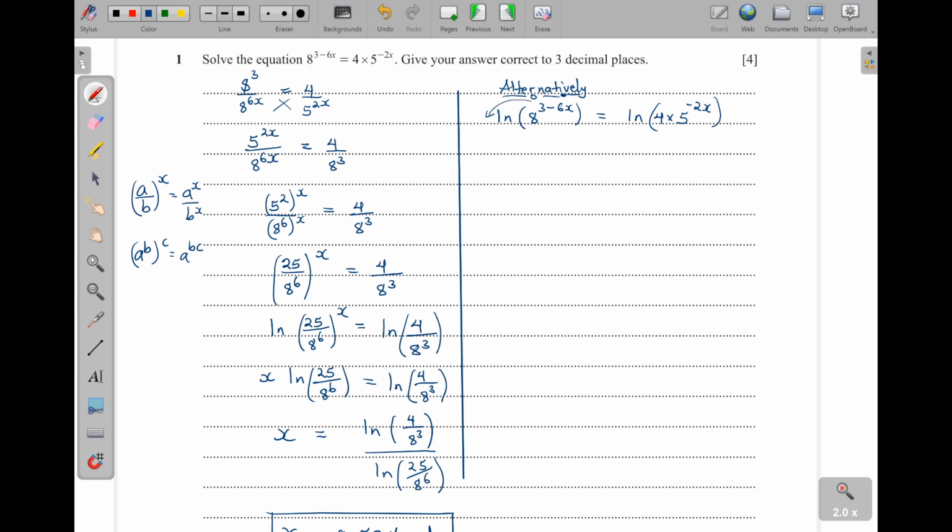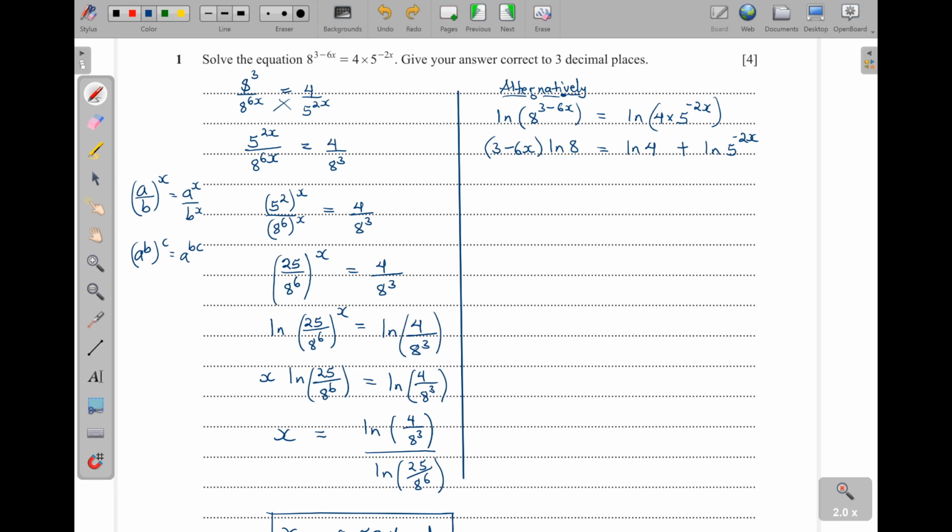So this one will come down here. We shall have 3 minus 6x. You put this in brackets because we are having 2 terms in there. Then natural log of 8. Then this one is equal to the natural log of 4. Then plus, because this is multiplication of the powers, so this one comes from the addition of the 2 logarithms. Okay, just like that. Then we can open the brackets.